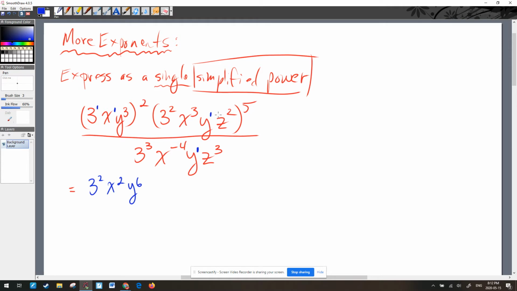I'm going to get rid of these brackets. So we're going to have 3 squared to the fifth. That means it's going to be 3 to the exponent 10. And this is going to be x to the exponent 15 and z to the exponent 10. Okay, and then the denominator doesn't really get to play this time around, so I'm just going to rewrite it. Y to the first, z cubed.